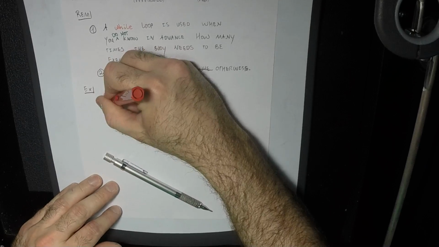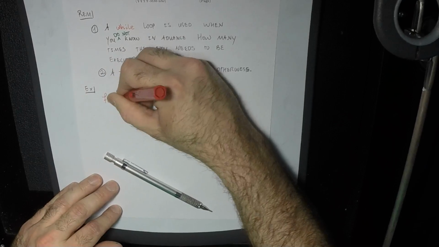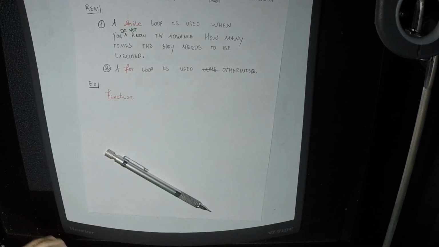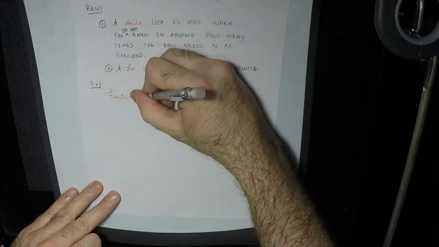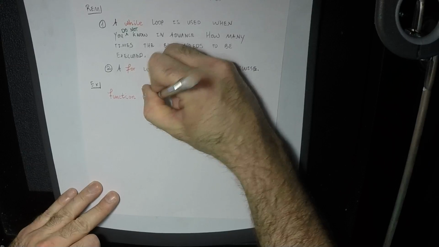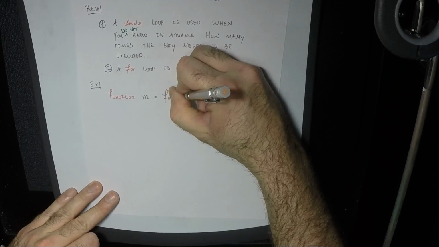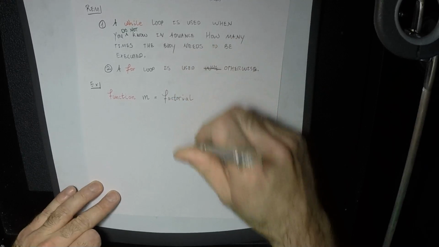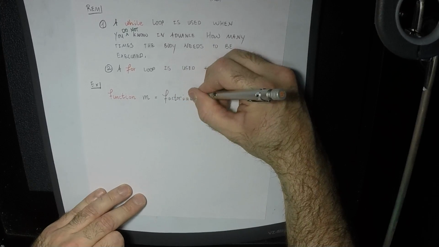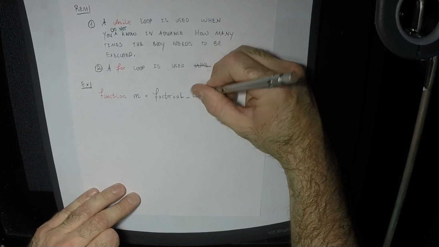Function m equal factorial, and then I'll say underscore capital L for loop.